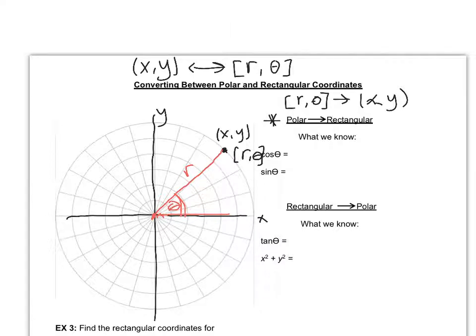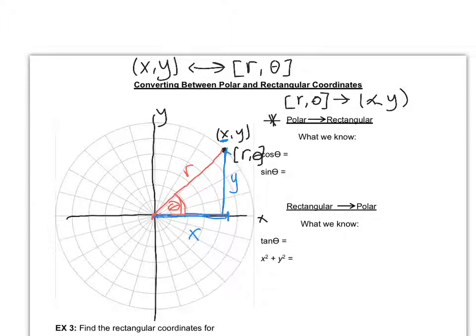So if you think about this back in terms of x's and y's, if my x coordinate represents some distance on the x-axis, then I know that this distance here is x and my vertical distance is y. So we know that just from our basic knowledge of a Cartesian plane.